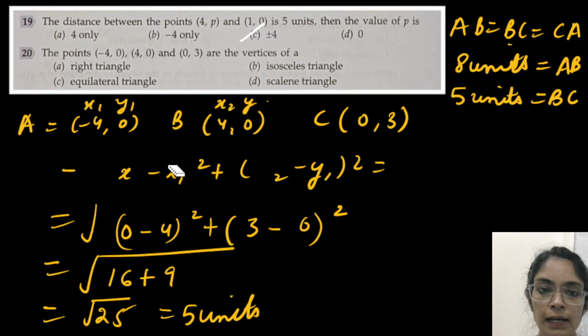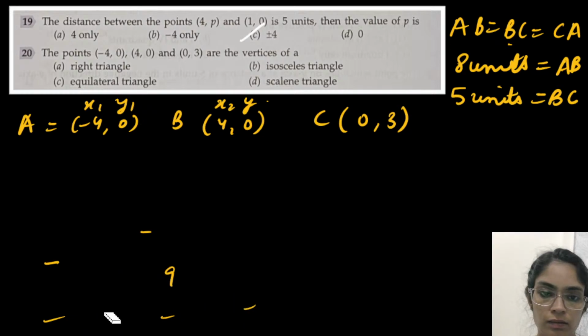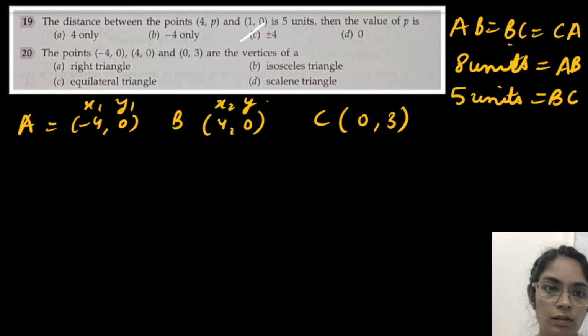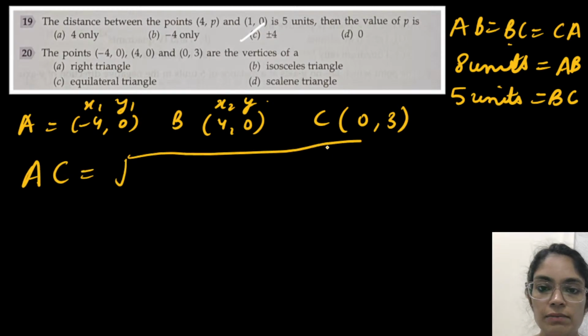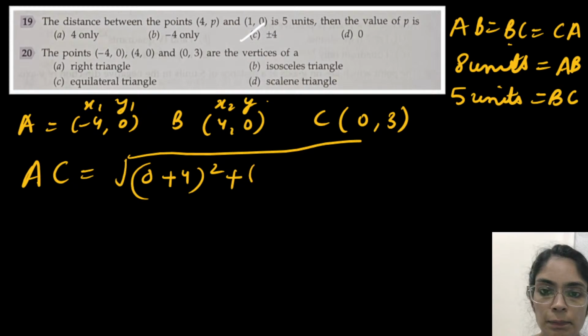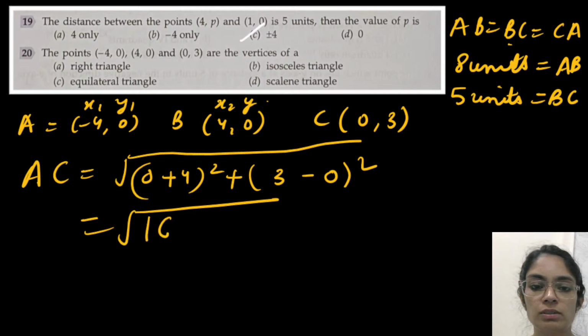So AB and BC we have found. Let's find AC now. So coordinates of A and C we have to use. x2 0 minus minus 4, it will become 0 plus 4 whole square plus 3 minus 0 whole square. So 0 plus 4 is 4, 4 square is 16, 3 minus 0 is 3, 3 square is 9.